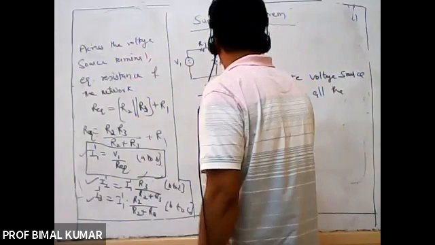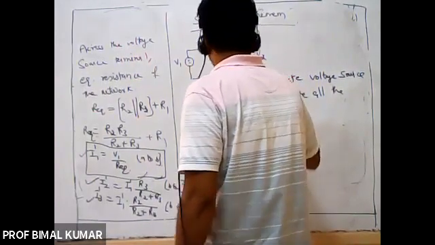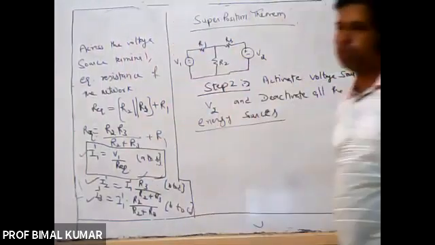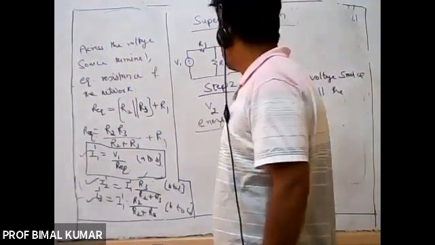Right? I am writing energy sources here because if there are voltage sources, they will be replaced by a short circuit, and if there are current sources, they will be replaced by an open circuit.